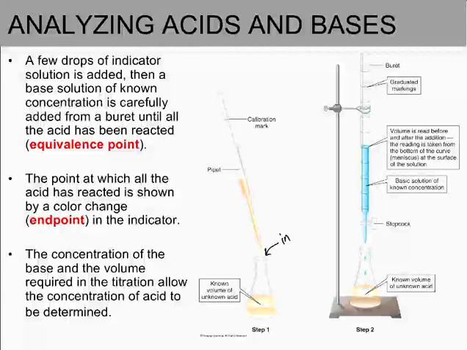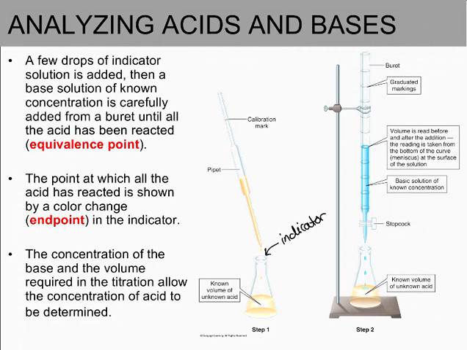All right, so we add some indicator. There's a lot of different types of indicators we could use. So maybe we use cabbage juice. We'll actually talk about a very specific indicator called phenolphthalein, and that is the most commonly used indicator in titrations.